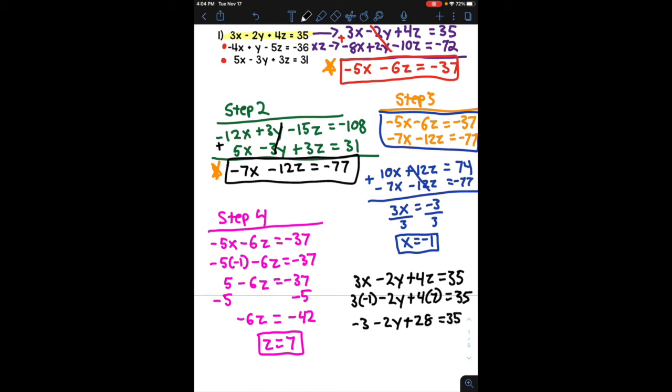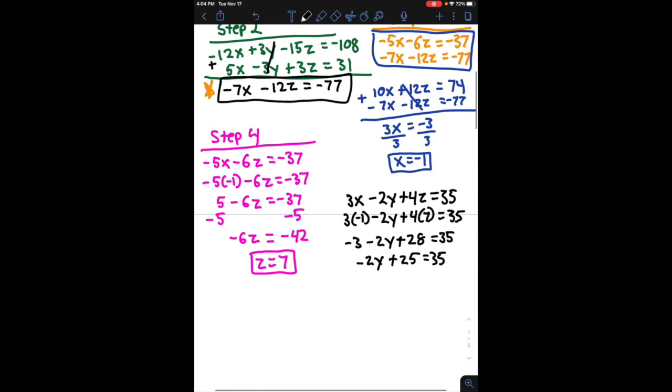I'll combine my like terms to get negative 2y plus 25 is 35. Subtracting the 25 over, we'll get negative 2y equals 10, and dividing by negative 2, we'll get y is negative 5.